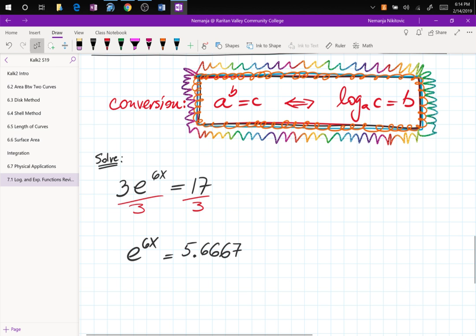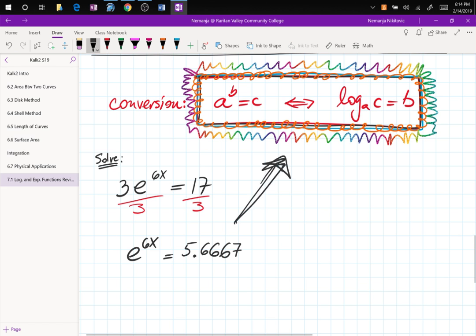Now, you probably memorized ln both sides to kill e. Yeah, you can do it, but you can also understand that e is the base. So what you can do is you can assign, right?